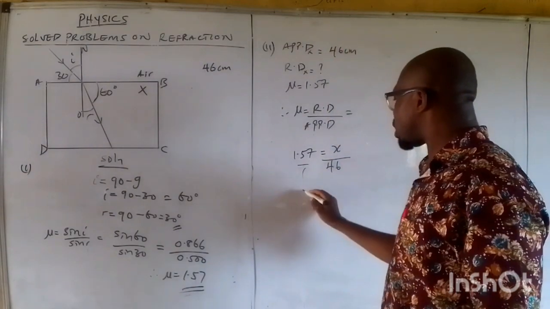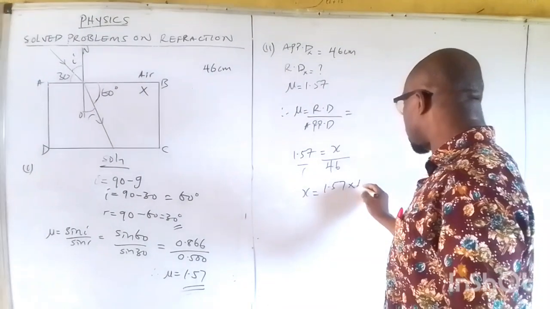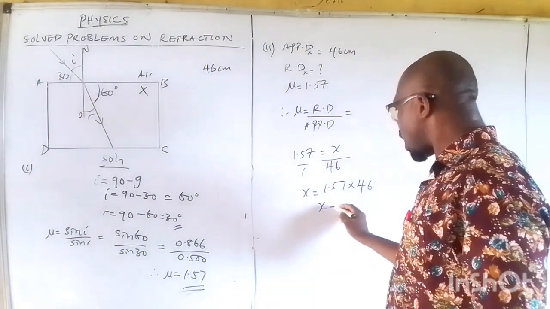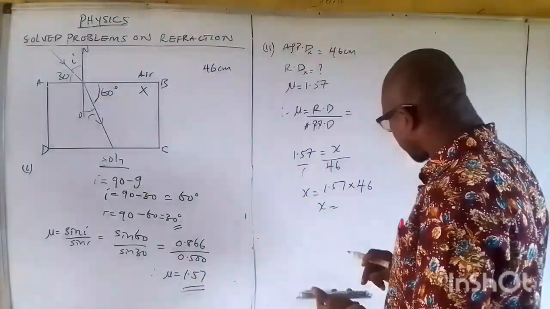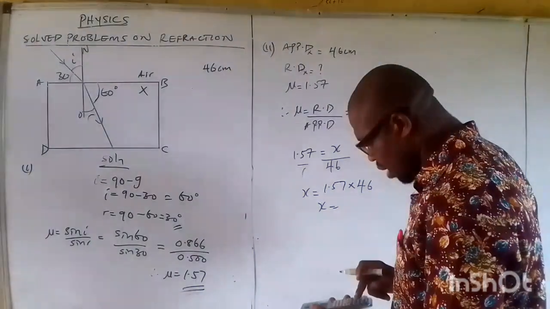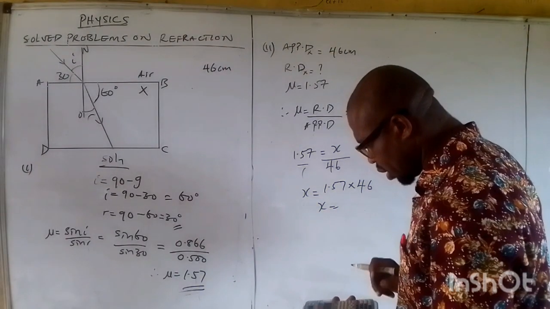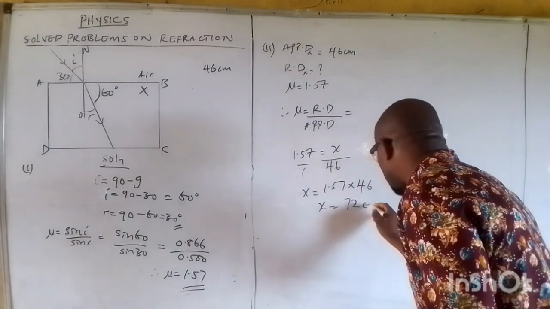So which will now give us X is 1.57 times 46. Therefore, X is equal to 1.57 times 46. It will give us 72 centimeters.